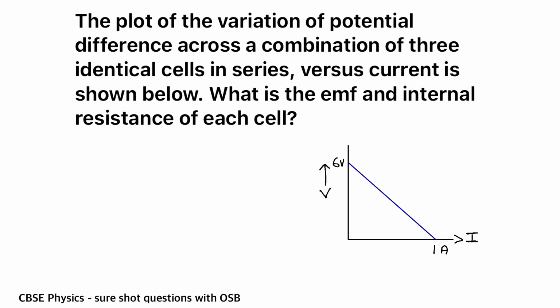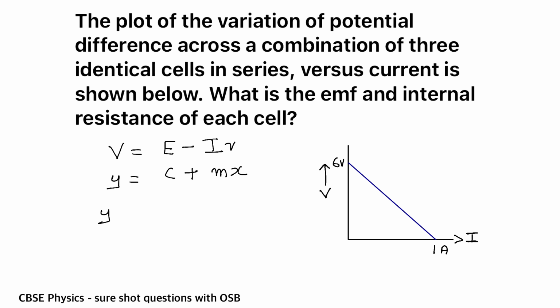Then, no doubt, go and write the equation for voltage of a cell. What is that? V is equal to E minus Ir. And you can see the graph is a straight line, so you write the equation for a straight line. What is that? y is equal to mx plus c, right?